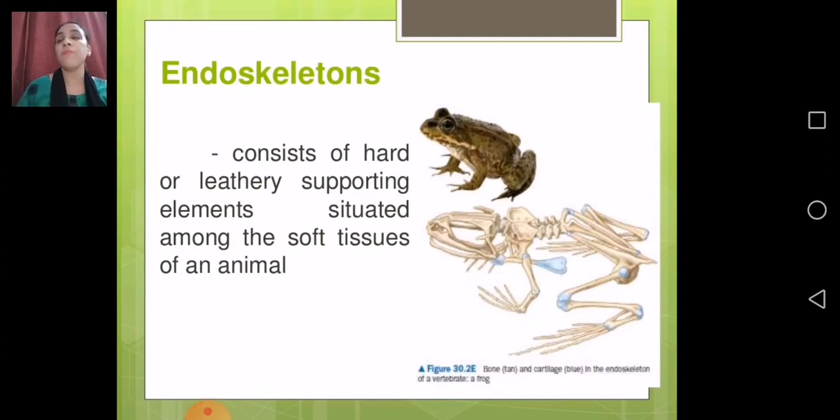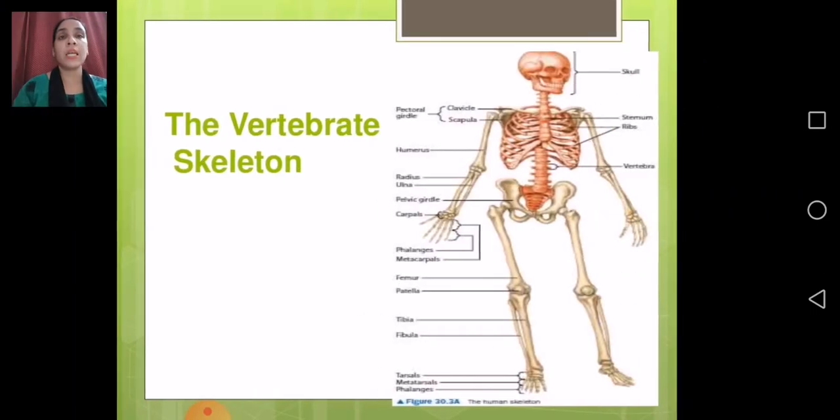So here, when we are talking about the skeleton, which is an important part, as well as the different parts of the skeleton which are very important, we are supposed to discuss the type of skeleton we will be finding in humans. So let's discuss that, that is vertebrate skeleton. Vertebrate skeleton means that it is supported by a backbone which is known as the vertebral column.